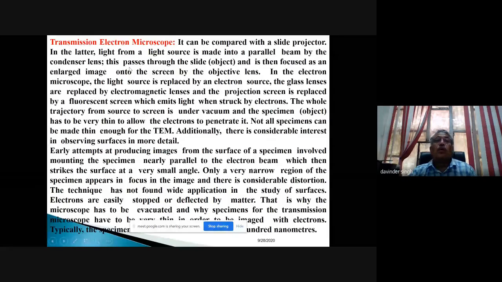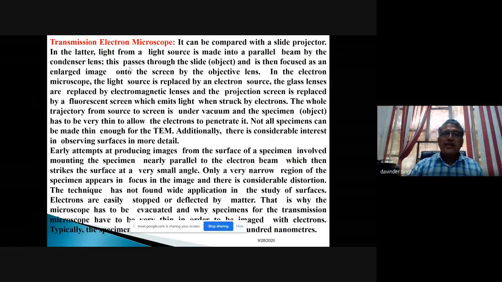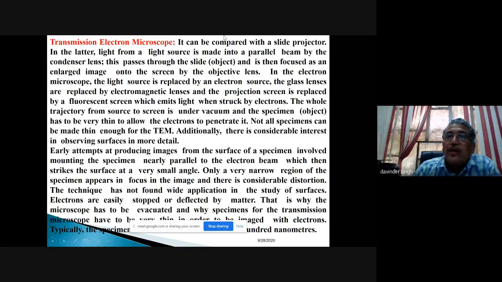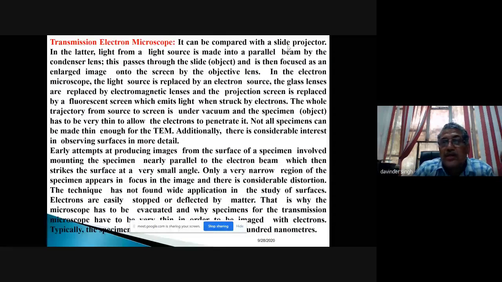I don't know how many of you have seen the old slide projector, when we kept the slide in the projector and the written material came up on the screen. So light is transmitted and gets projected. Now we have advanced projectors, but you can compare how it happens in the case of TEM.